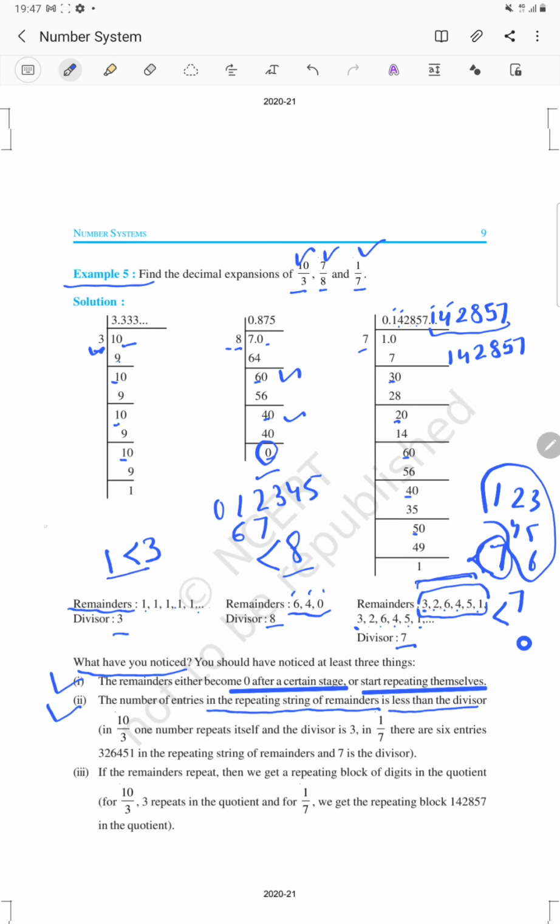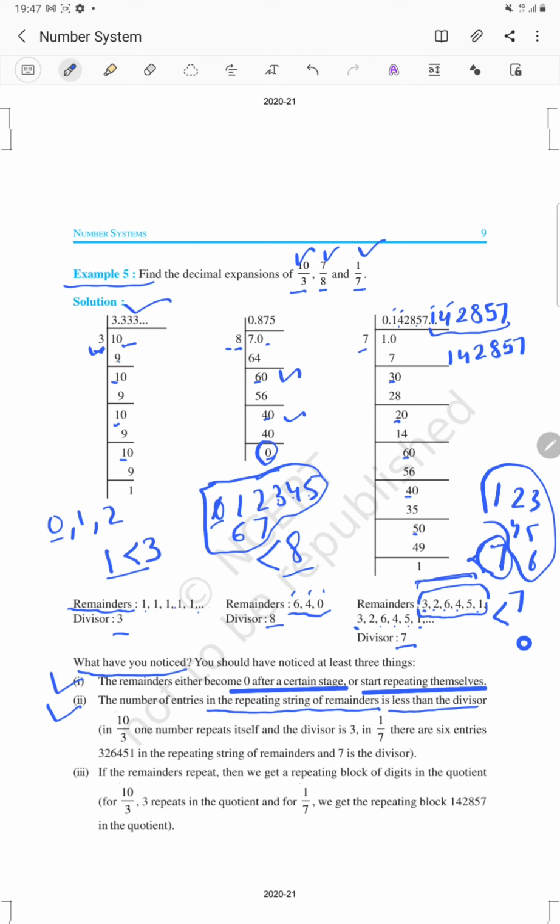In the case of 3, it can be 0, 1, 2, it cannot be 3, because if it is 3 then it will go to 0. So if we leave 0, then the non-zero remainders are always less than 8. If we include 0, that is when the process terminates.